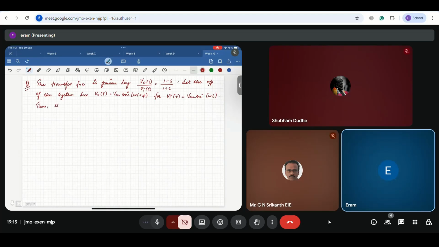Then the minimum and maximum value of phase, or phi, in radian.